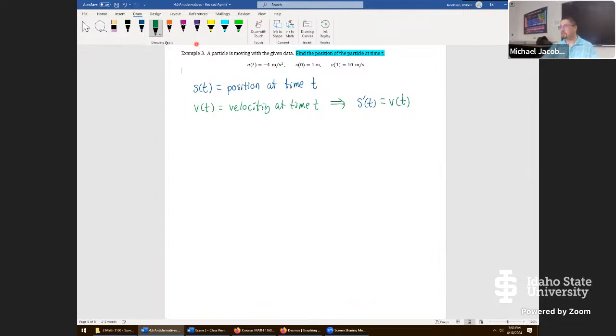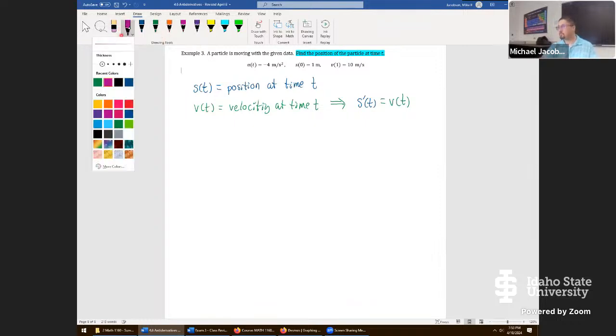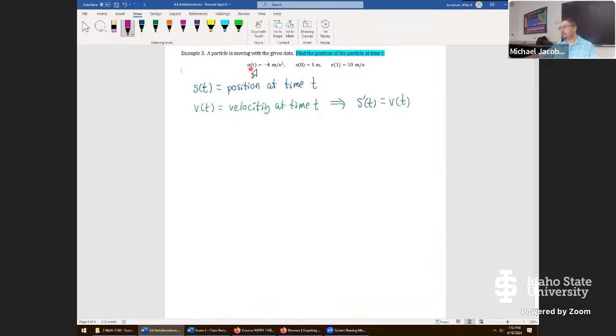So that's interesting on its own. And now let's go one level down. We need to talk about this function. A at time t is the acceleration at time t. And I do want to pause right here. Acceleration is a tricky word because it's thought of as a physics word when we see it in a calculus setting.